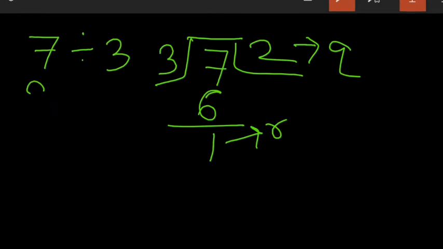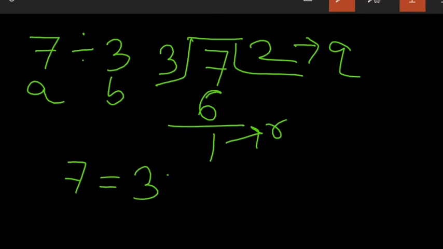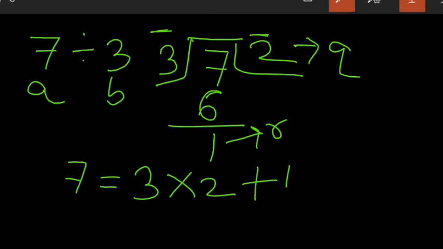Suppose this is a and this is b. So here 7 is equal to 3 into 2, plus the remainder 1. 3 twos are 6, plus 1 is 7.